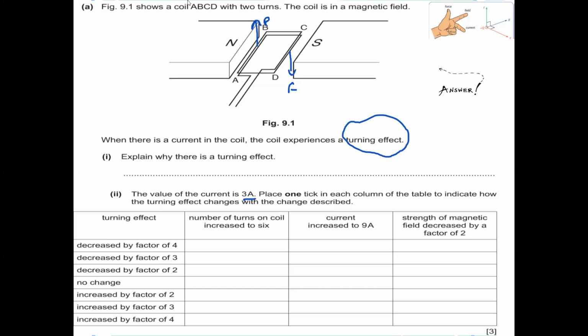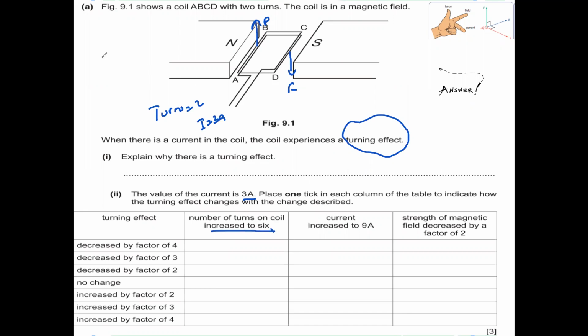So in the question, we have 2 turns. The number of turns is 2 according to the figure. And the current which is passing here is 3 ampere. So we have to check if the number of turns on the coil is increased to 6.